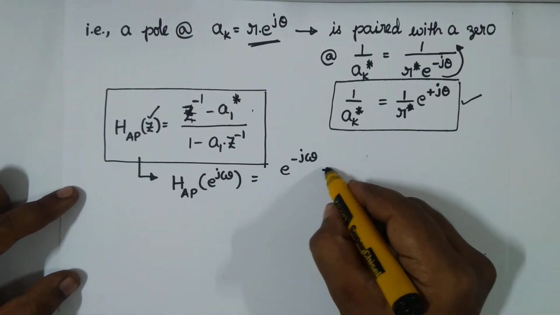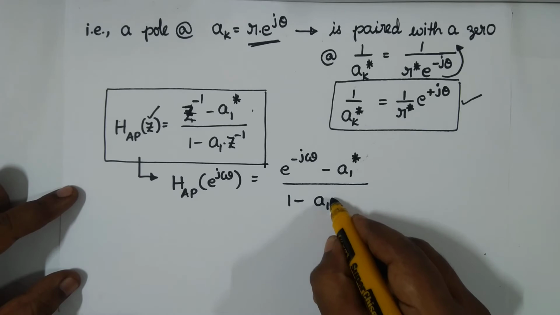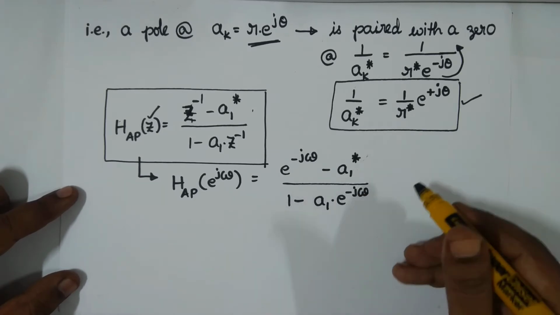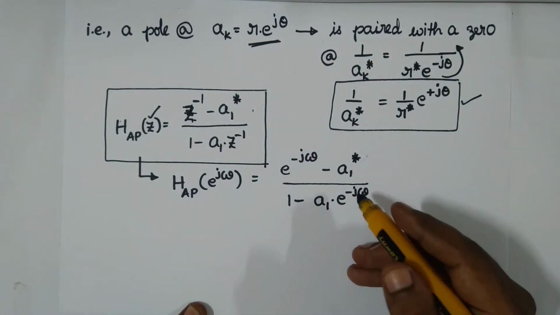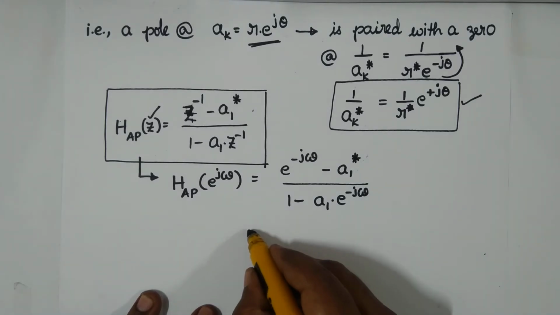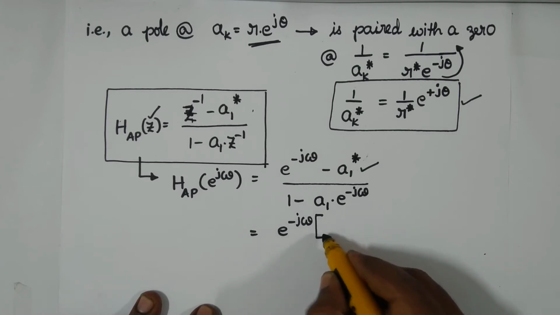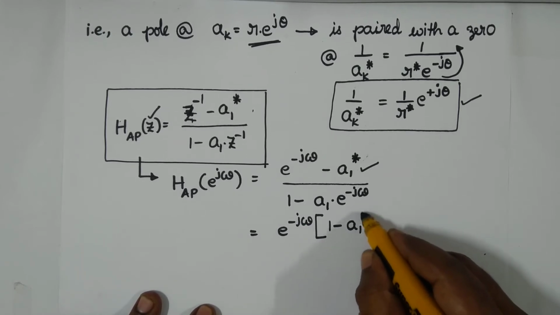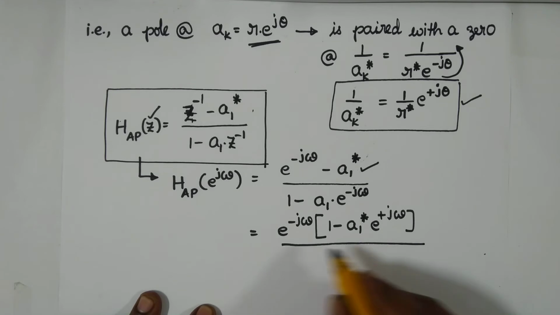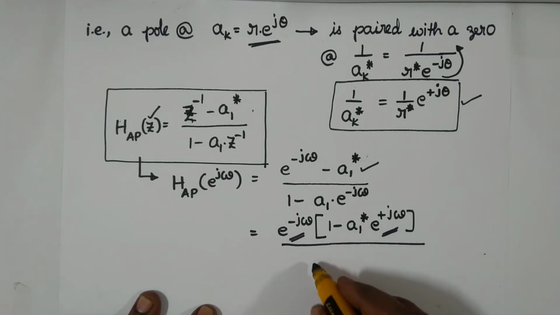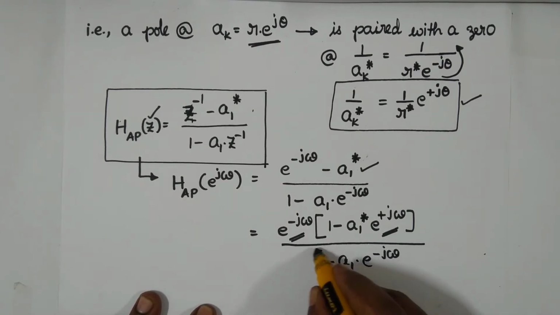So e power minus j omega minus a1 conjugation divided by 1 minus a1 e power minus j omega. Just plug in z equal to e power j omega in both left and right hand side. Now from this numerator you take e power minus j omega as common. So now you will get 1 minus a1 conjugation e power positive j omega. Multiplication of these two is equal to 1. So now divided by 1 minus a1 e power minus j omega.